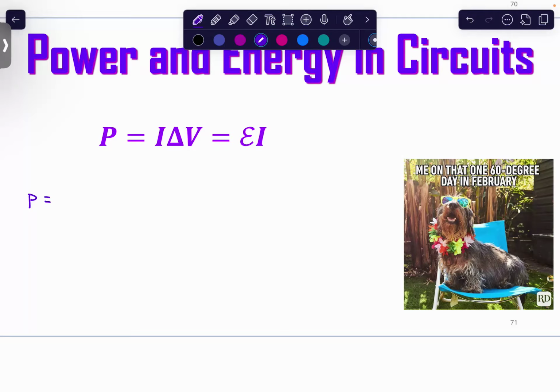It's a division. Rate of change of potential energy. You add it in the denominator.